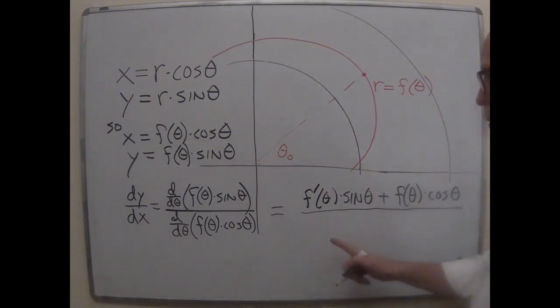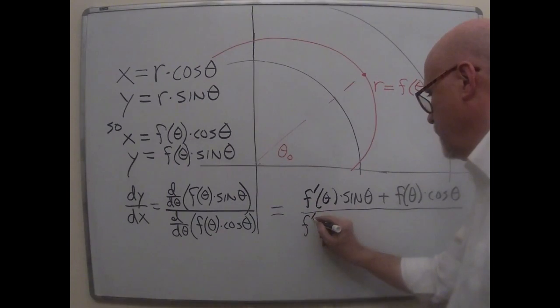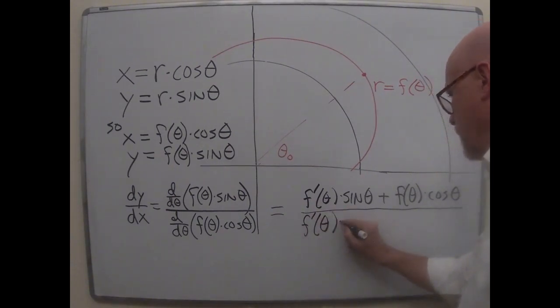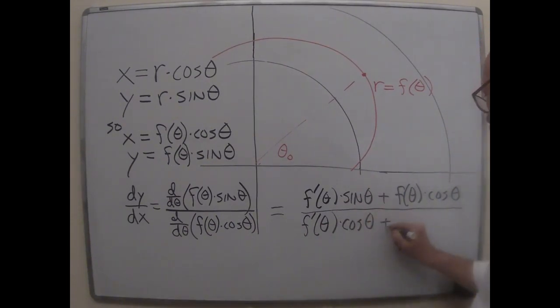And in the bottom we have, again, apply the product rule. So you'll have f prime times x cosine theta unchanged, plus f times the derivative of cosine, which is negative sine.